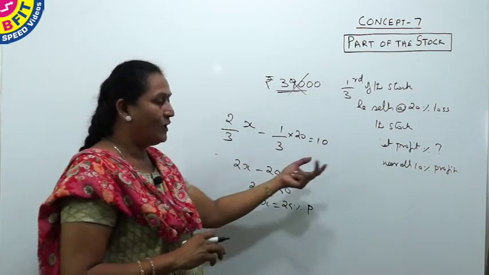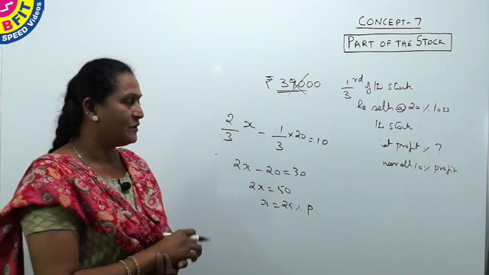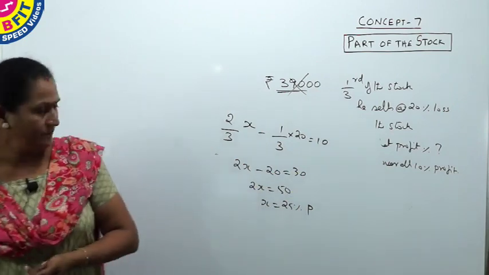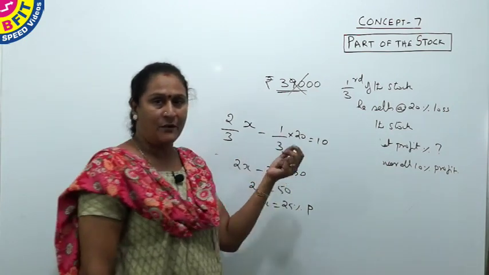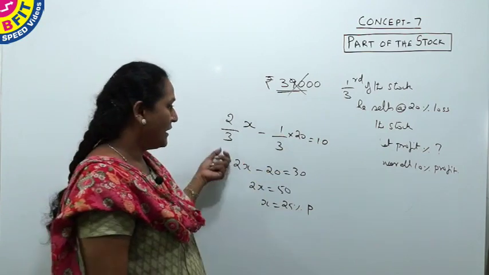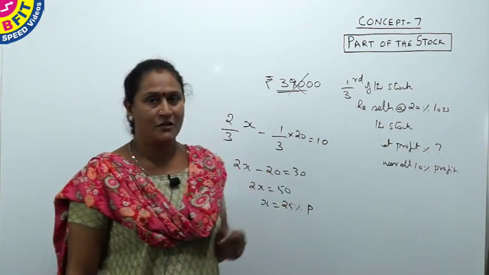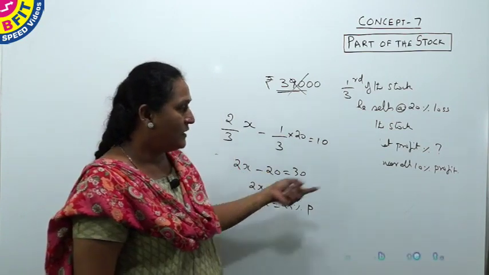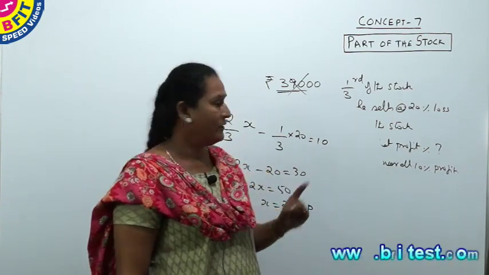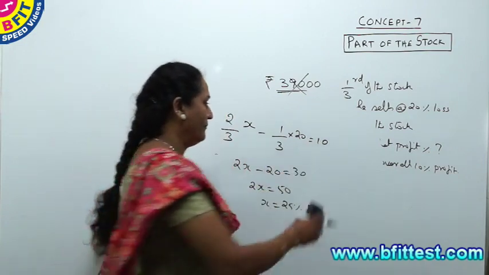So here overall 10% profit is asked. Suppose the question is, he sells 1/3 at 20% loss, and the remaining at what profit percent should he sell to get overall no loss or gain. So in that case, earlier it was 10% profit, so we equated it to 10.